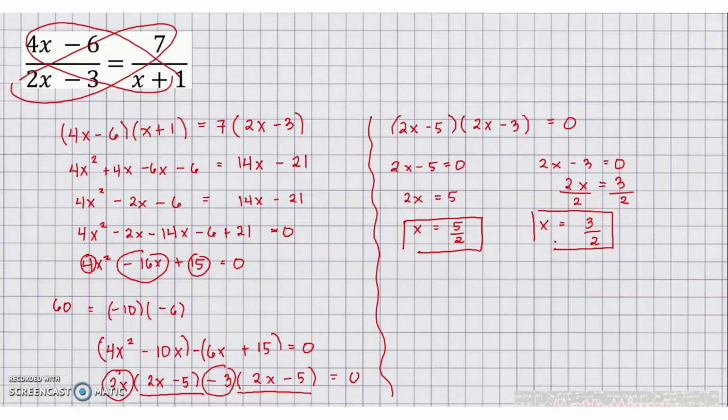You have to check whether those roots are true to the equation given here, because there are cases that you have the roots here, but it's an extraneous root. When we say extraneous root, those roots are not the root given in the equation. So let me erase all of this one first.